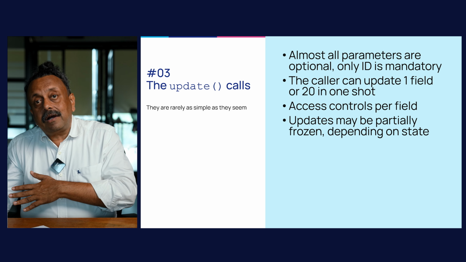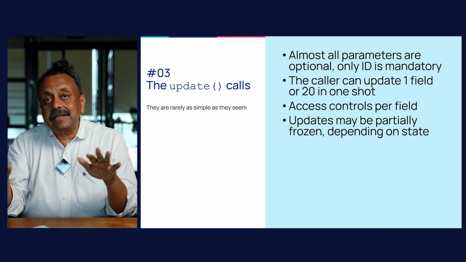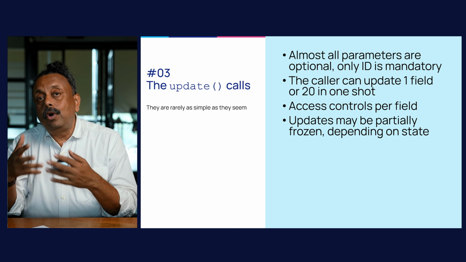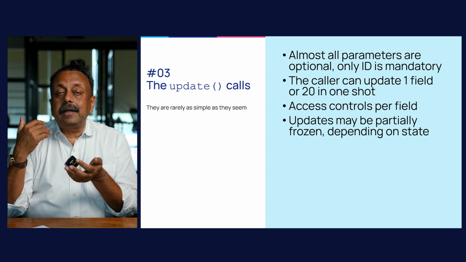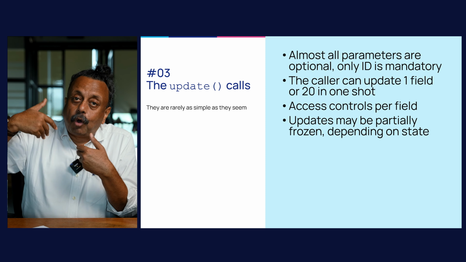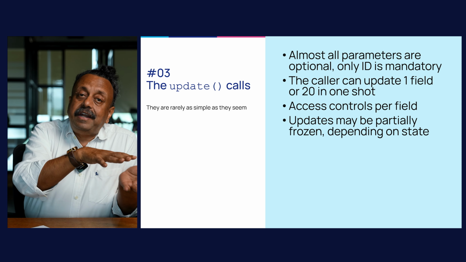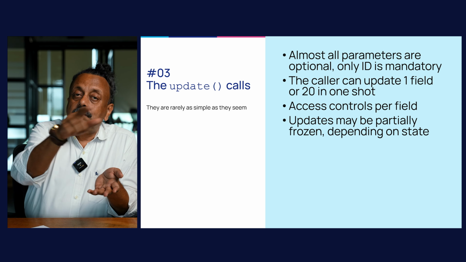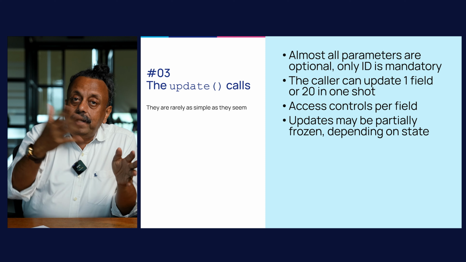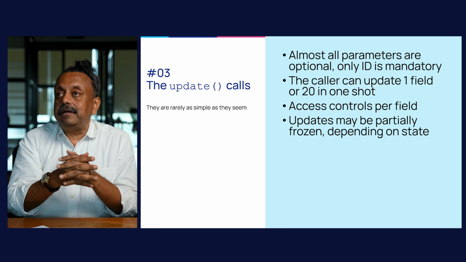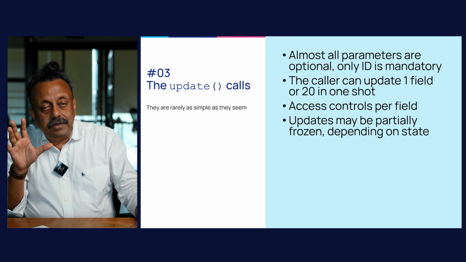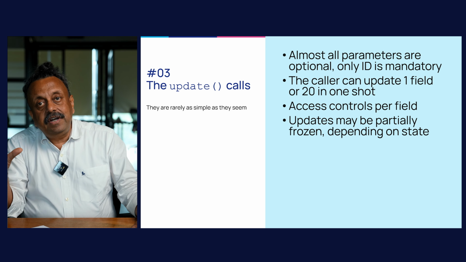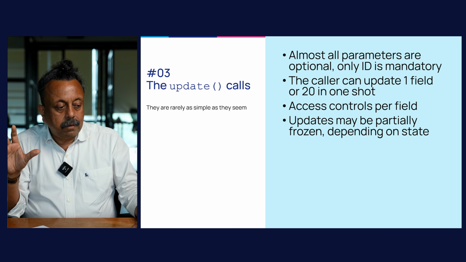But once the bank account is active, certain things cannot be changed. The account holder's identity information cannot be changed, because then the bank will have its own complicated process to re-verify the identity of the account holder before the bank account's holder information can be updated. So certain states of the object may partially freeze certain attributes.